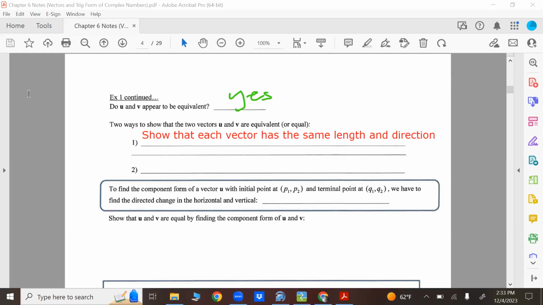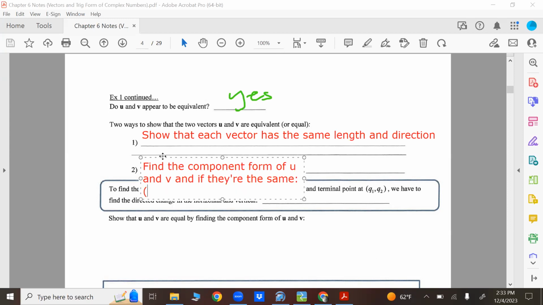Or another way, find the component form of U and V and see if they're the same. And the component form, remember, is x2 minus x1, comma, y2 minus y1.